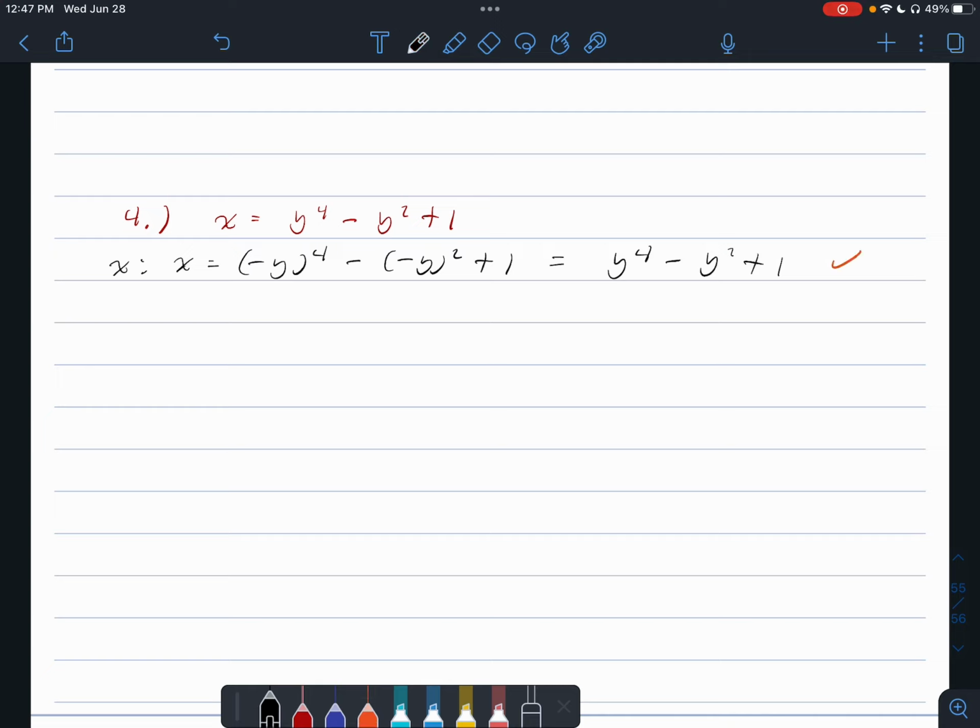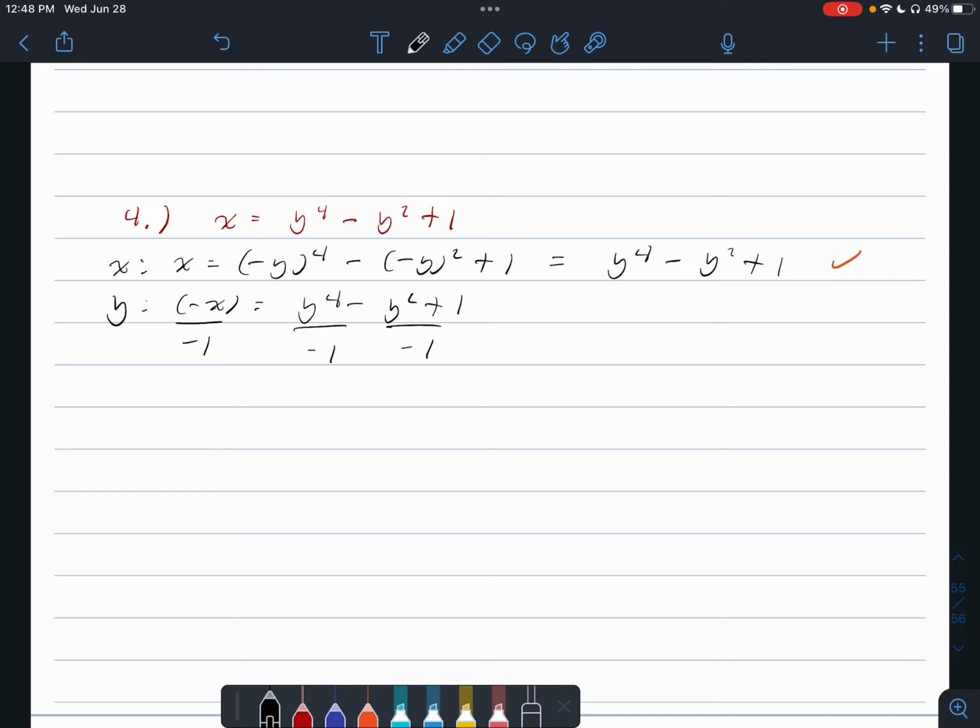Okay, so now let's check with respect to the y-axis. So if we have negative x is equal to y to the fourth minus y squared plus 1, we can divide both sides by negative 1.